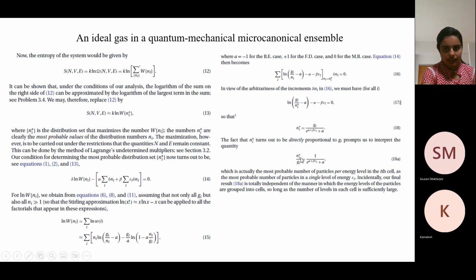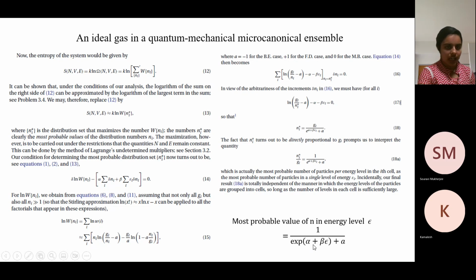That means in some particular cell specified by some i, the most probable state would have Ni particles, so Ni by Gi, where Gi takes into account the degeneracy in the system. This value gives you the most probable value of N in some energy level E, and that is given as 1 by e to the power alpha plus beta E plus A.